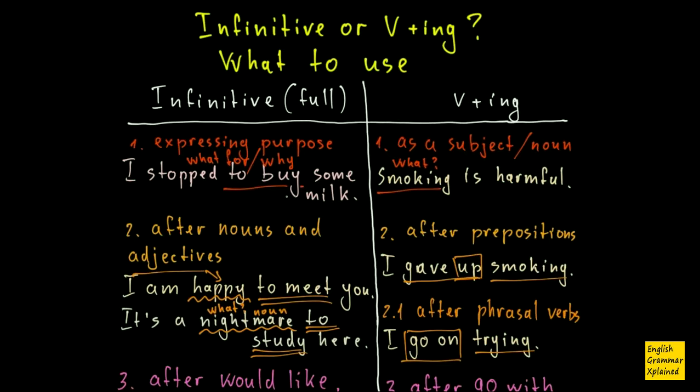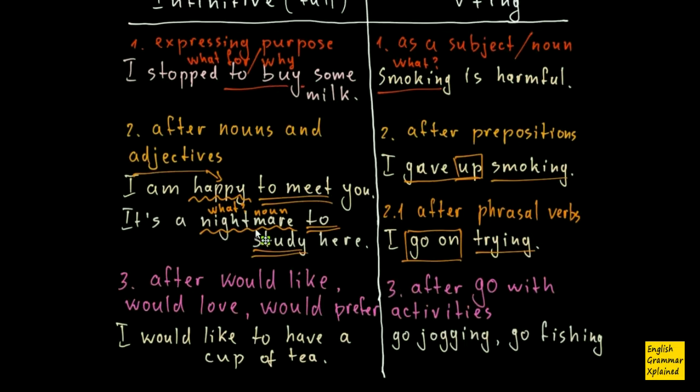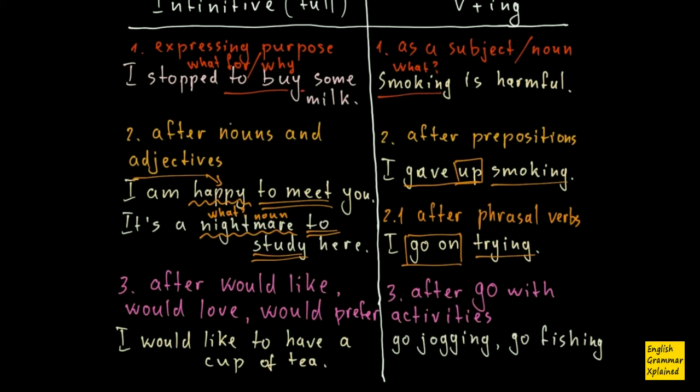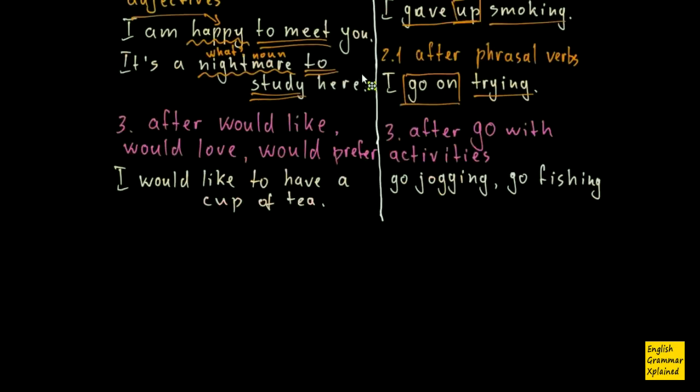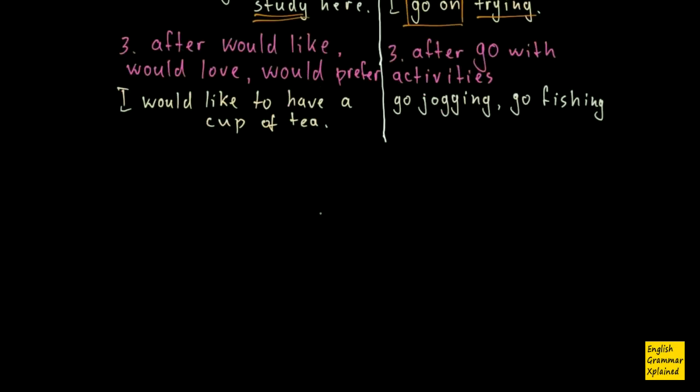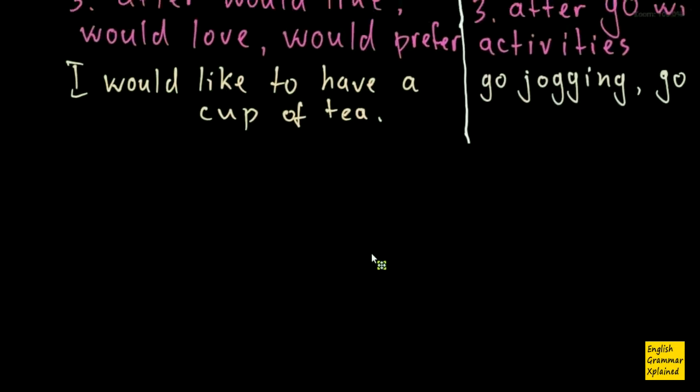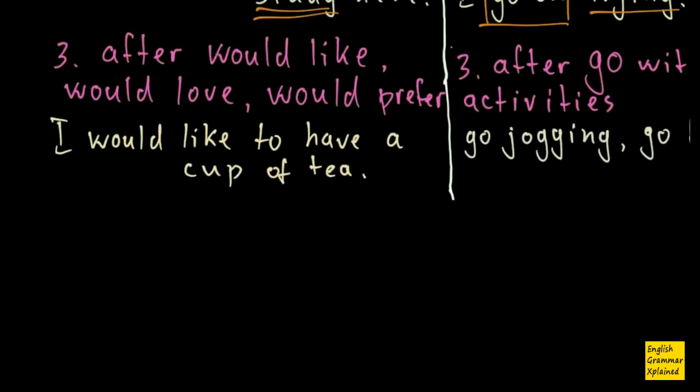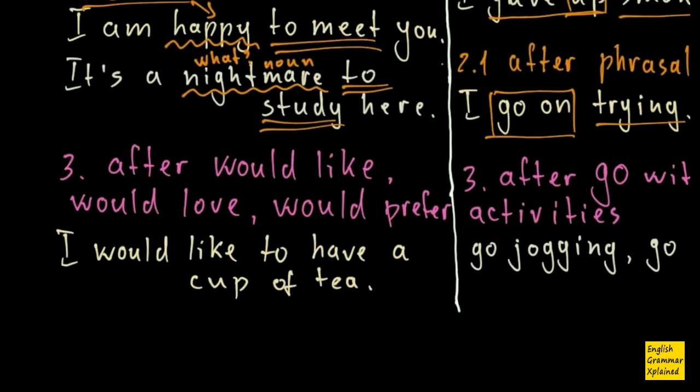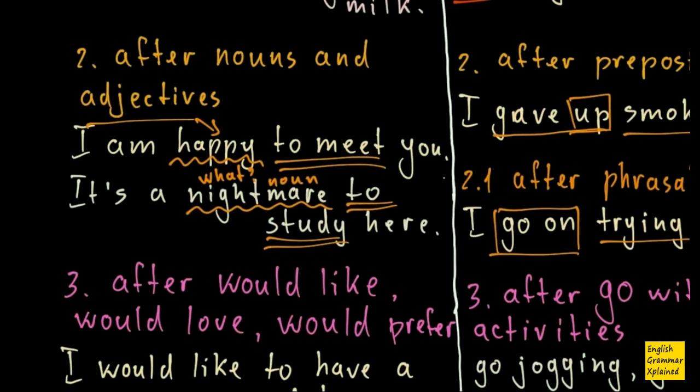Today we continue talking about the use of infinitive and so-called ing form, or gerunds. Like you see, there are already three cases of using infinitive and gerund, and this is part 2, where I continue with case number 4. Case number 4 in some way is related to case number 2, after nouns and adjectives.